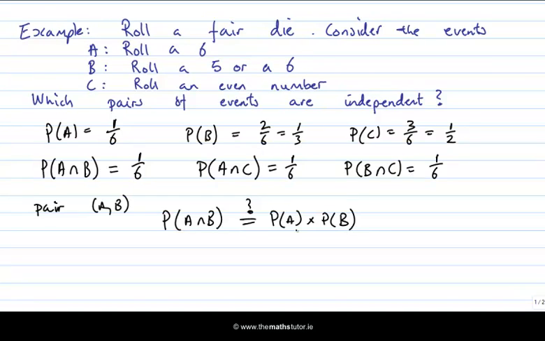Well, now we have the values of all these things. The probability of A and B is 1/6, and the probability of A is 1/6, and the probability of B is 1/3. Well, we're asking, is this equation true? And no, it's not. It's false. 1/6 is not equal to 1/6 times 1/3. So those two things are not independent, and that makes sense, right? Clearly, rolling a 6 should not be independent of rolling a 5 or a 6.